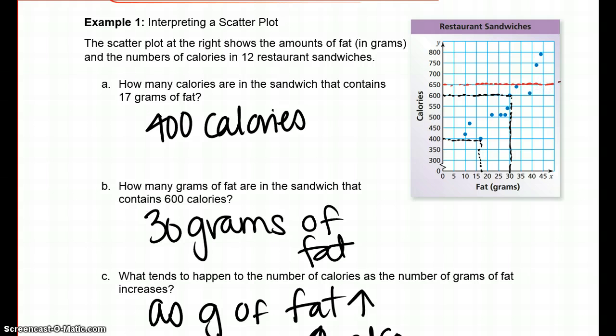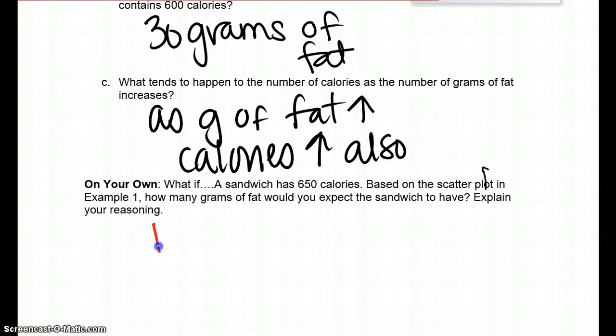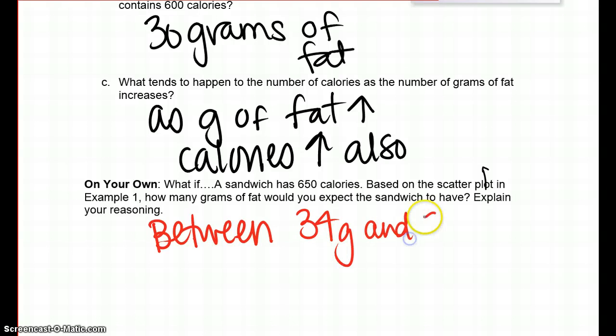This dot right here is really close, and I would say that's about 33. So maybe one more. I would say about 34 or 35 grams of fat. That would be my estimate, and I use the graph to help me determine that answer.